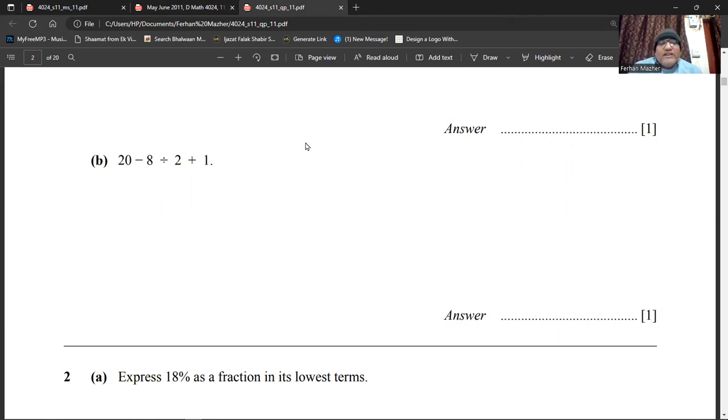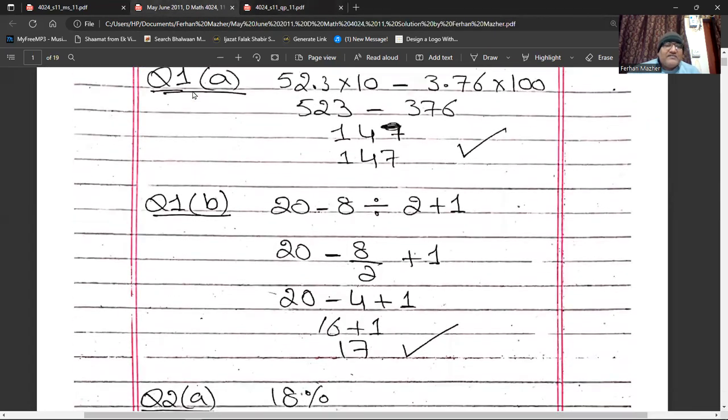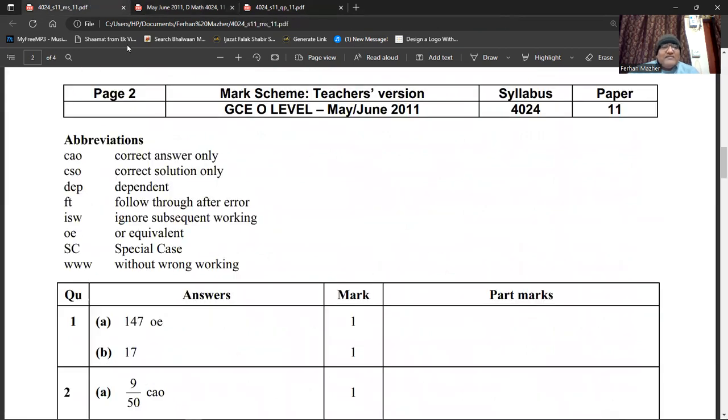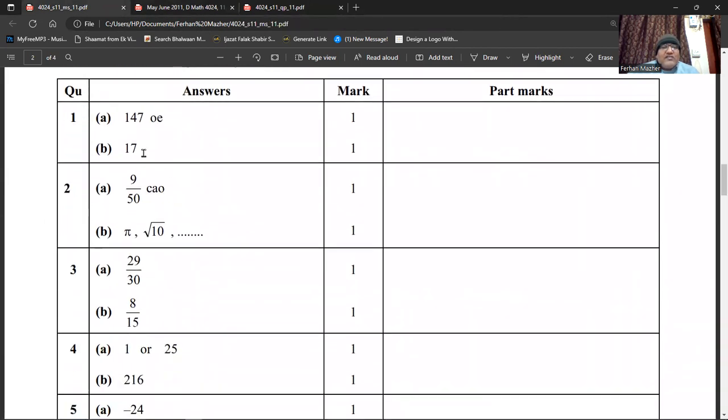So I can write 20 minus 8, and under the 8 I will write 2 plus 1. So division will be done first. 8 divided by 2 is 4. So 20 minus 4 plus 1. 20 minus 4 is 16 plus 1, and that is 17. So 17 is the right answer, sir.